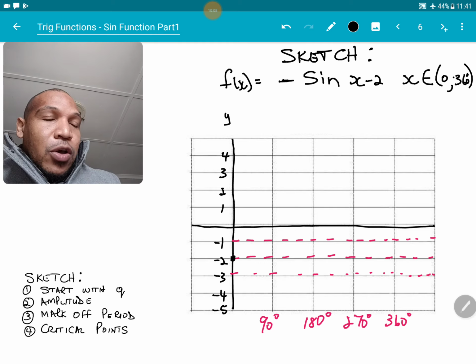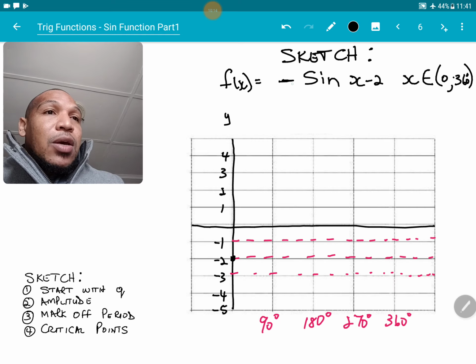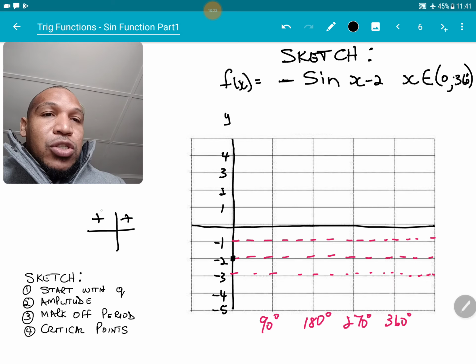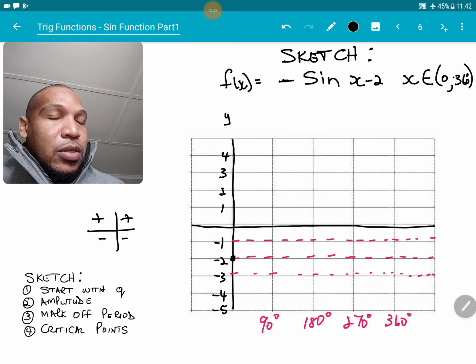So our graph will first go down before it goes upwards. And when it's negative, it's just the inverse of what we normally have. So normally we have sine positive in the first two quadrants, but now that we're going to have the inverse of that, we're going to start our graph with first going downwards.